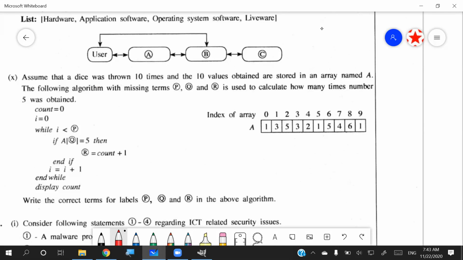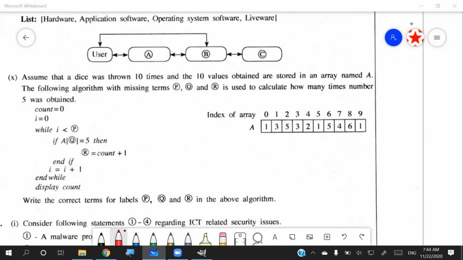So here it says a dice is being thrown 10 times, and they are storing the values that they got in all those times inside an array.